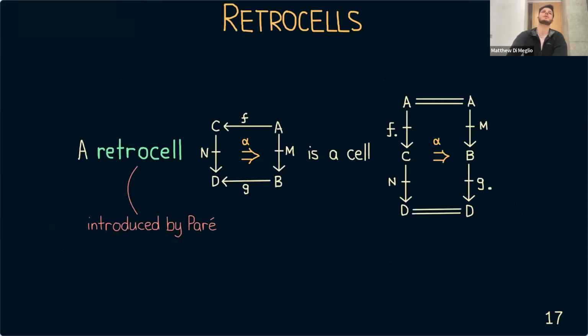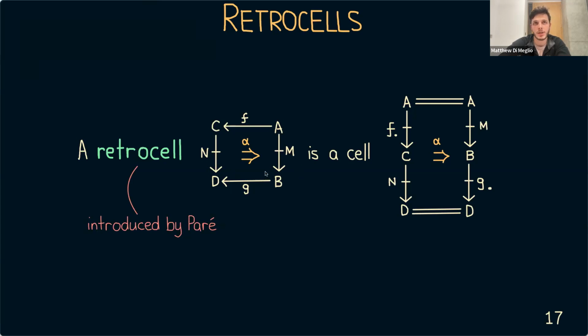Now, with companions, we can define this new notion called a retrocell. So this was also introduced by Bob in a talk a few years ago. The idea of retrocells is it allows you to talk about cells where the cell goes in the opposite direction to the arrows. So notice here in the retrocell, the arrows are going backwards, but the cell is going forwards.